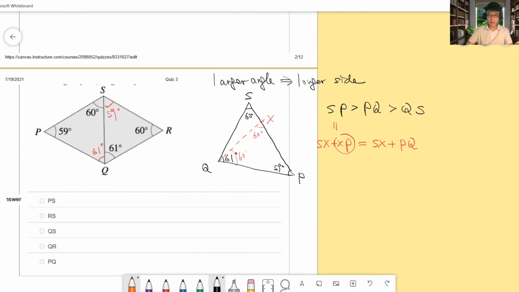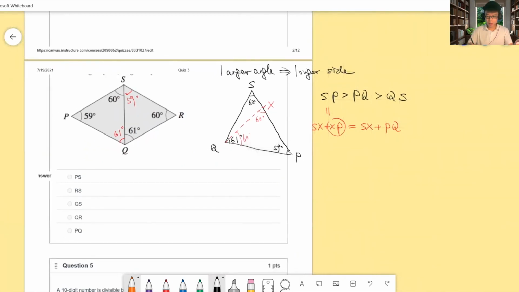Now in the second triangle, we have a similar relation. S, Q, R. So we have SR larger than QS and larger than QR.